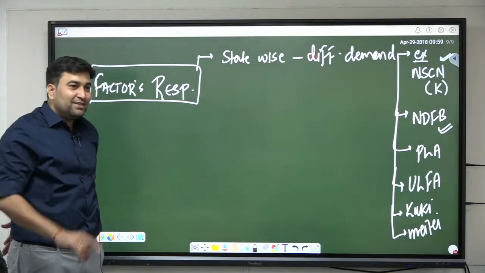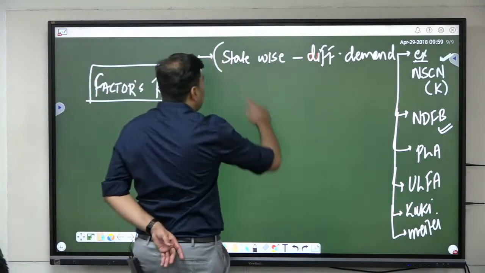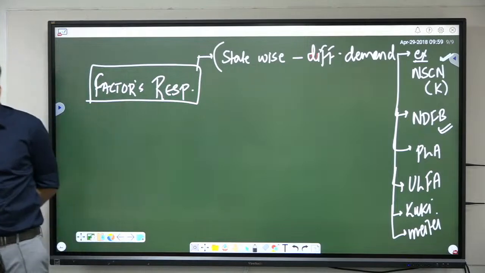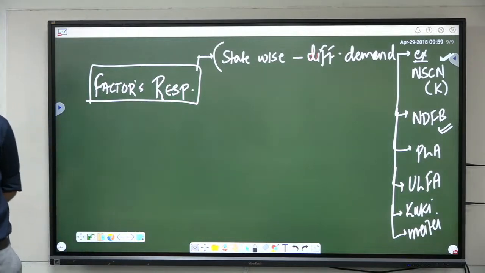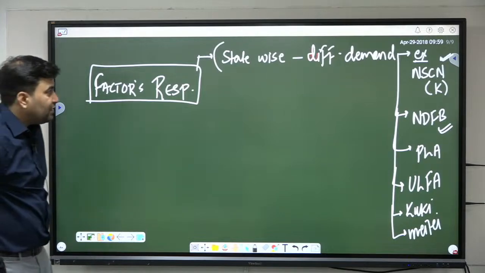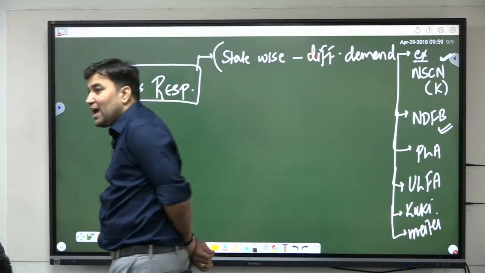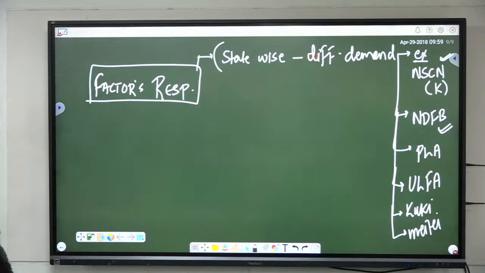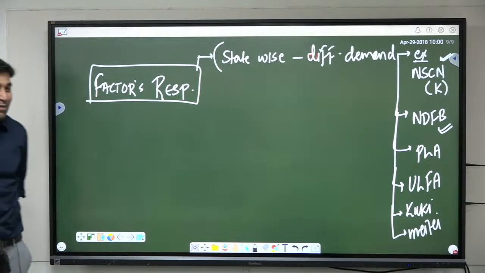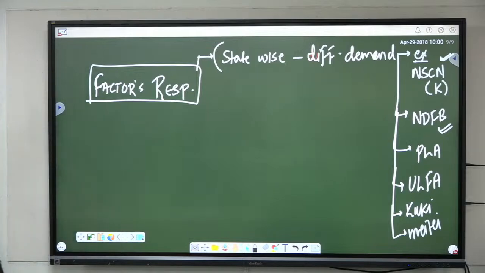In bracket write, different states have different reasons and demands for the insurgency.